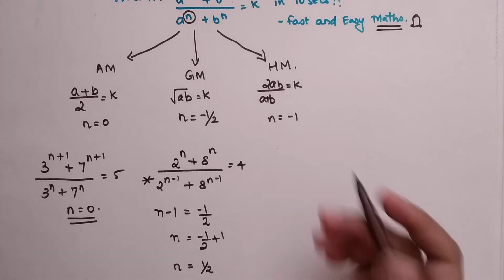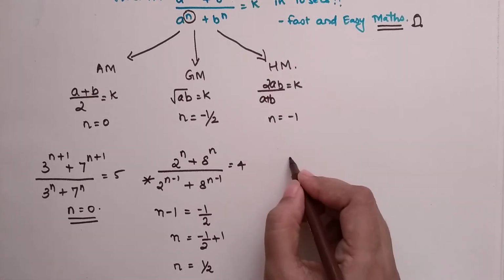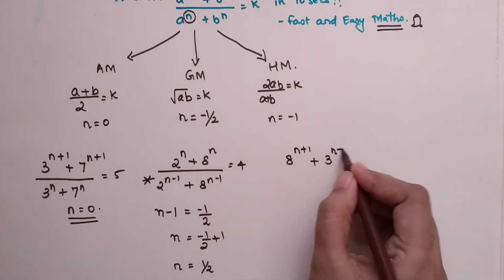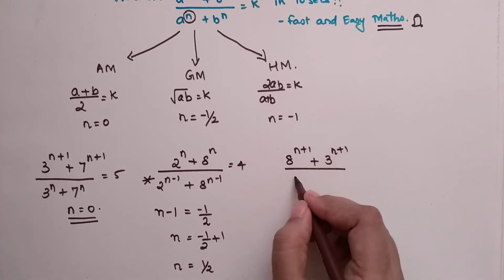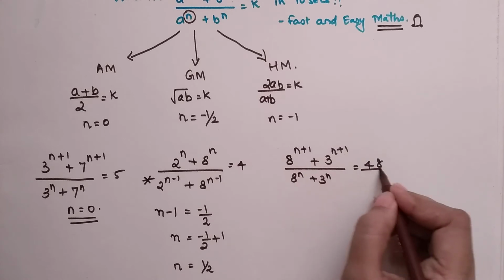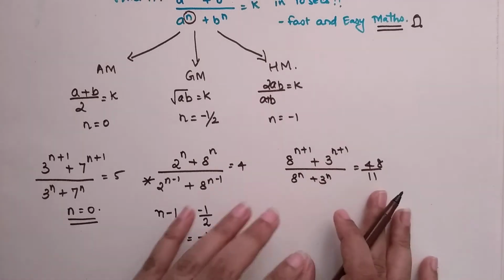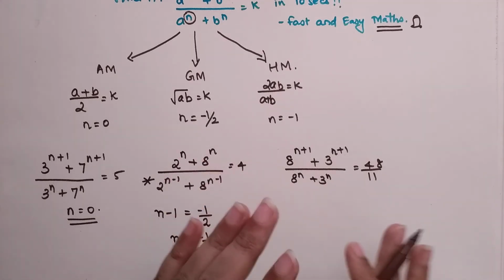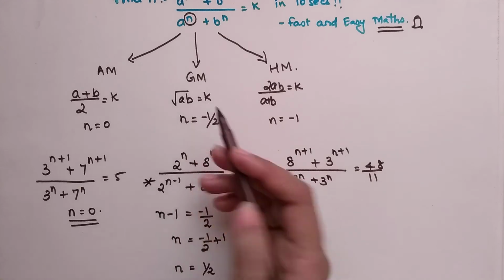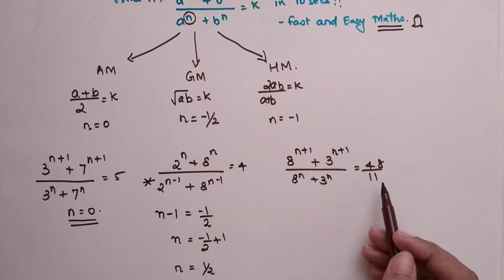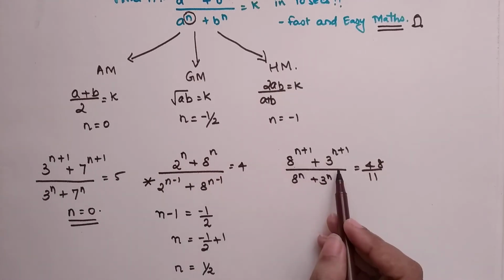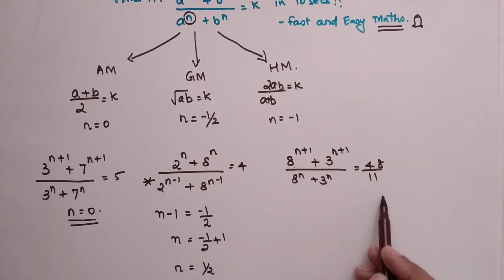Now let's look at another example. Here we have (8^(n+1) + 3^(n+1)) / (8^n + 3^n) = 48/11. Students, looking at the question only, you will understand this is a harmonic mean, because the GM will never have a fraction in the value of k, and the AM would be 8 plus 3 is 11 upon 2, which is not 48 upon 11.